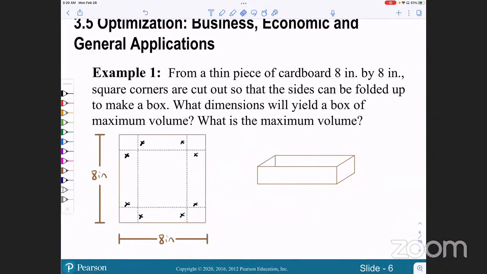So then if we want to label these different parts, the remaining side here is 8 minus 2x, from here to here.